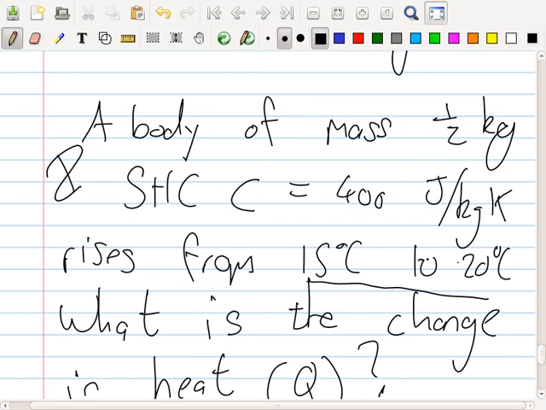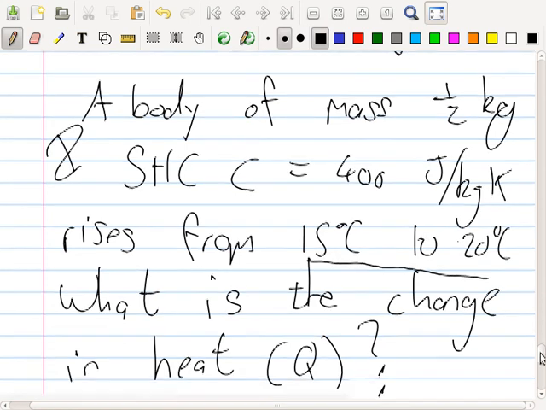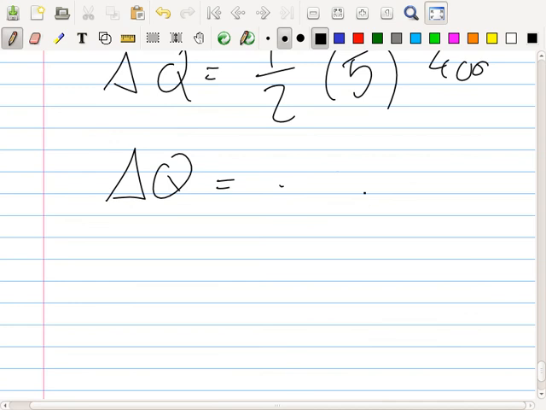No, that is wrong. It's only the change in the temperature: the new temperature minus the old temperature. So it will be 1000 joules, or 1 kilojoule.